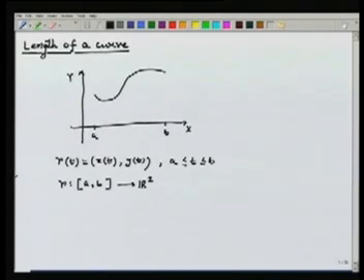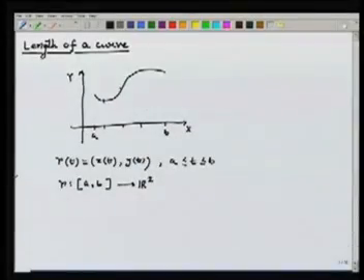Now, how do we go about determining the length of that curve? First we take a partition of [a, b], let us say by 3 points, and then we plot the corresponding images of those points under r on the curve. They look something like one point here, one point here, one here, and the other one here.